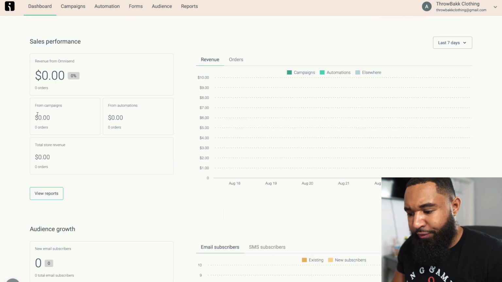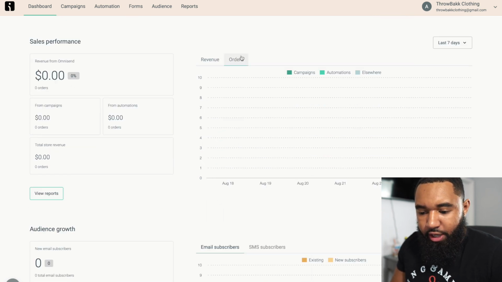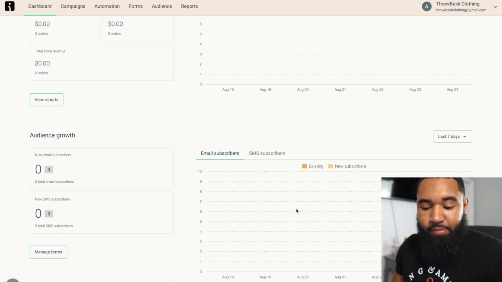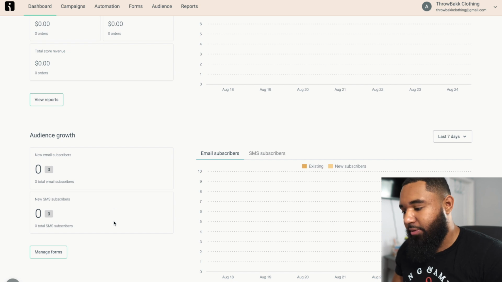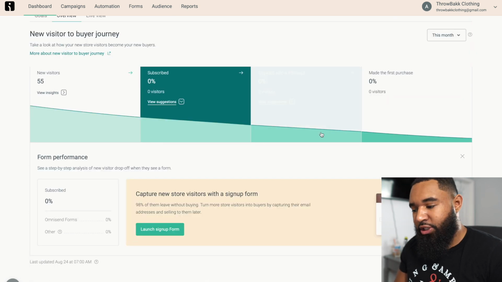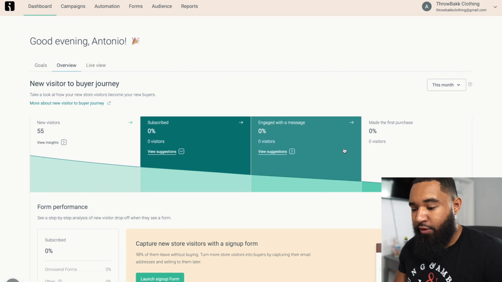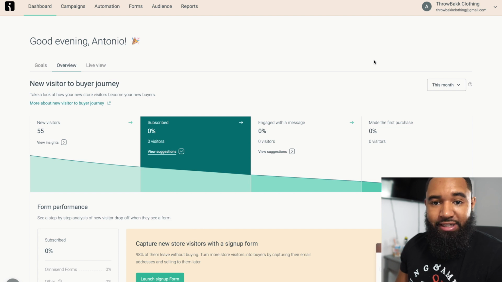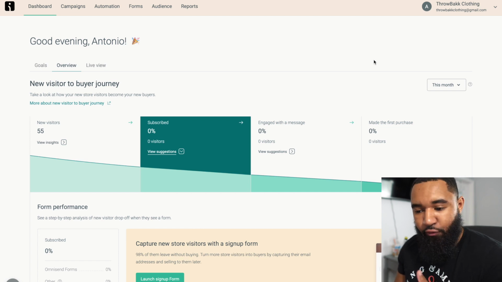It'll go over your revenue, how many orders, how much money is from campaigns and automations, what's your total store revenue. It'll go over your email subscribers, your SMS subscribers. So it gives you a lot of information upfront, which I think is very impactful when you're talking about email marketing, because for most businesses, email marketing can drive 30% of your business. So making sure that you're having that level of detail and information is very impactful.